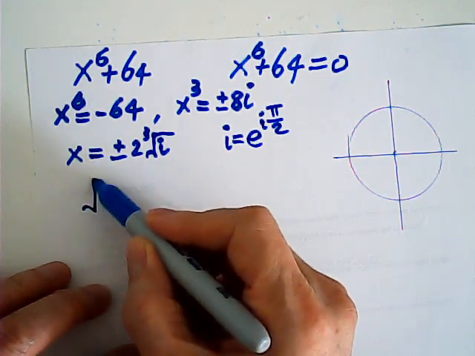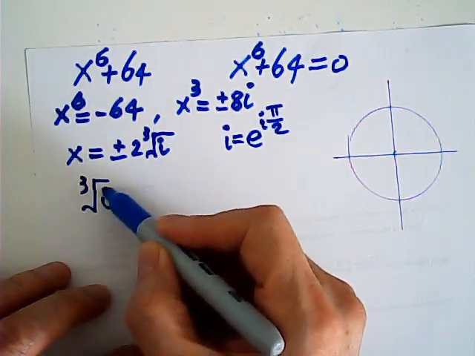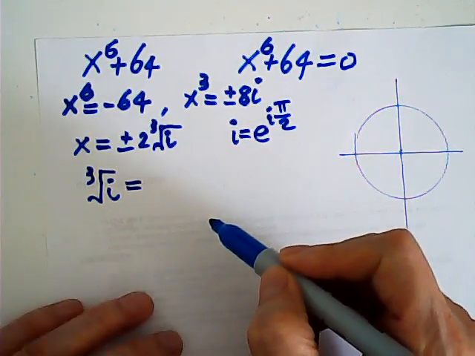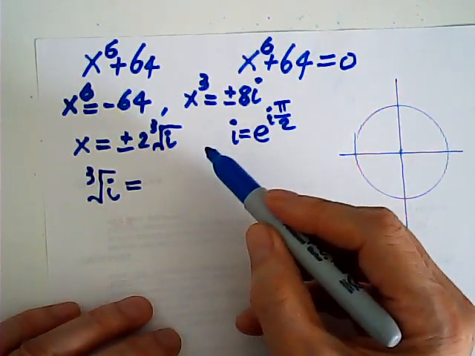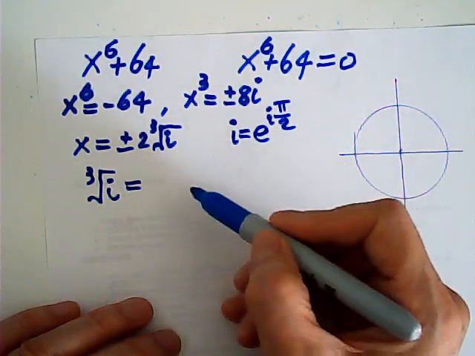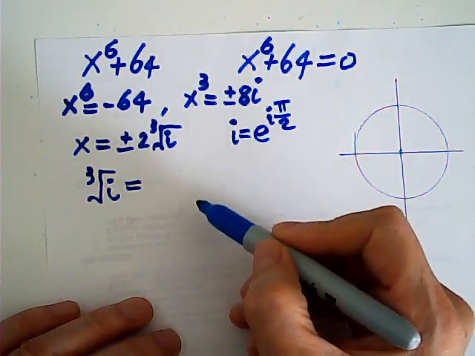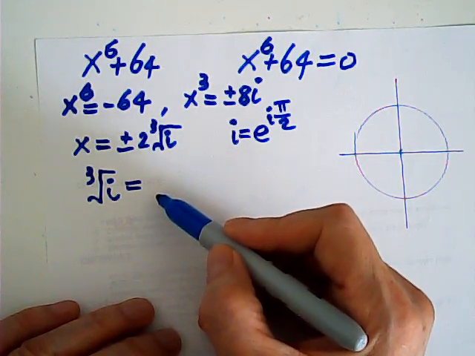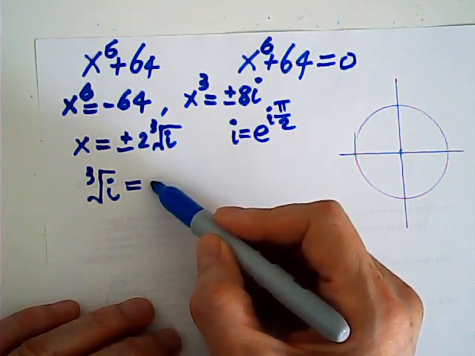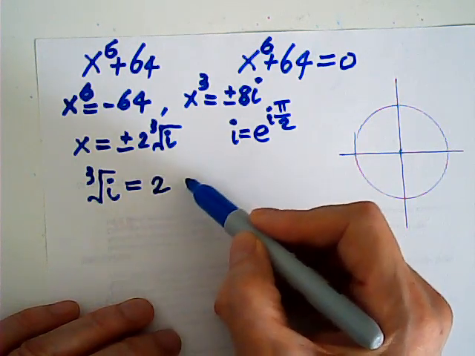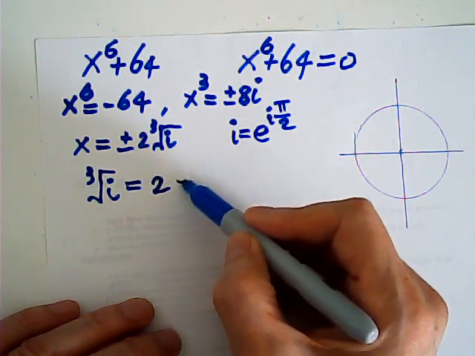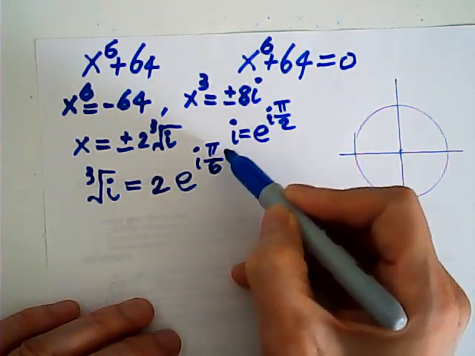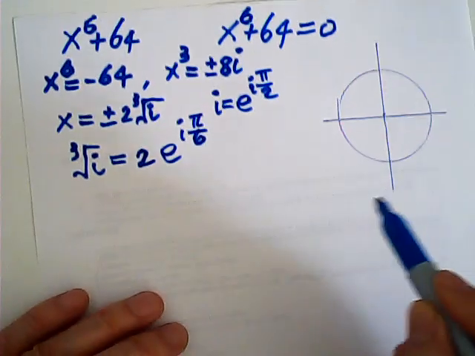Therefore, the cube root of i, by De Moivre's theorem, is equal to 2 e to the i pi over 6. This is the one root.